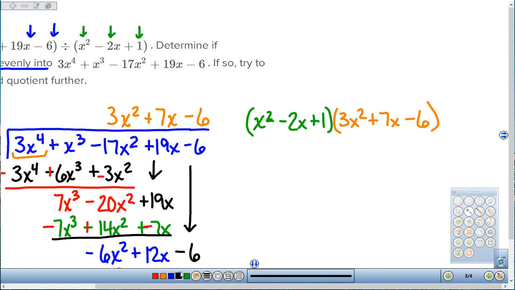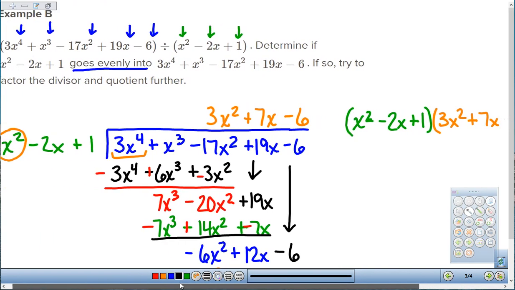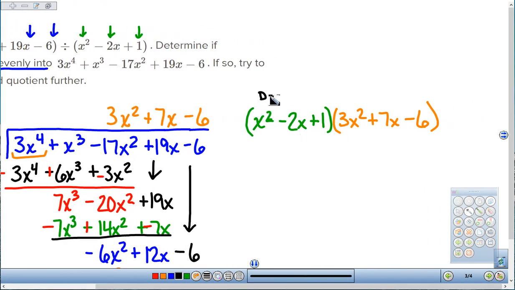One thing we have to do, though, is they say, if so, try to factor the divisor, that's this, and the quotient, that's this, further. Since we have x squared, it looks like maybe this will factor. This is a trinomial.